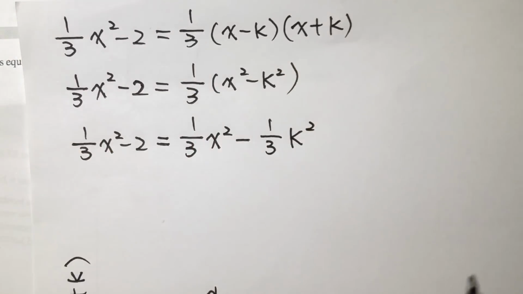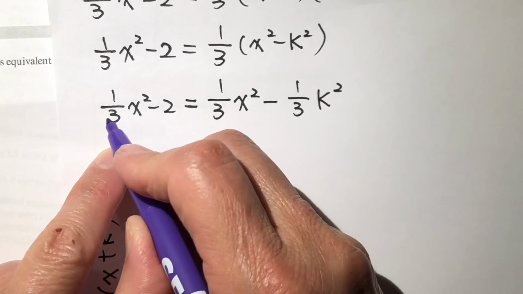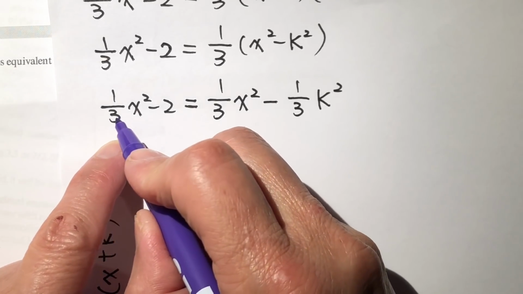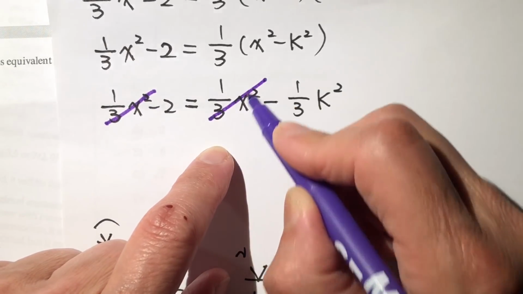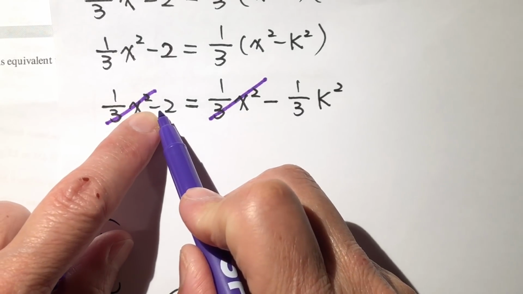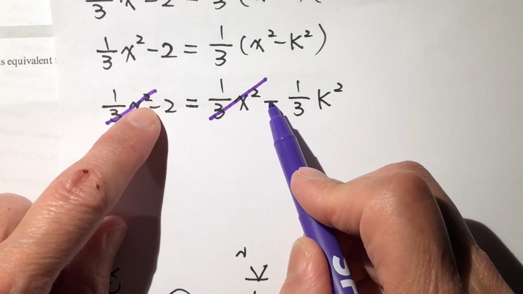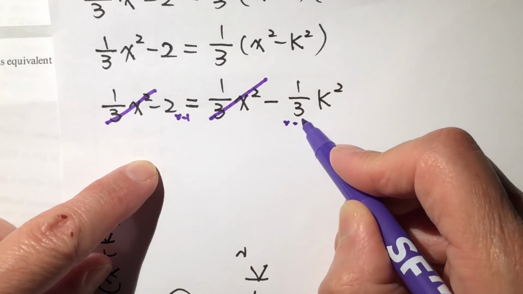Equal to 1/3 of x squared minus 1/3 of k squared. So we open up the bracket. Okay, on the left side, we have 1/3 of x squared. On the right side of the equation, we have the same, get rid of them, cross canceling. Now we have negative and negative. It can be both times -1 times -1.